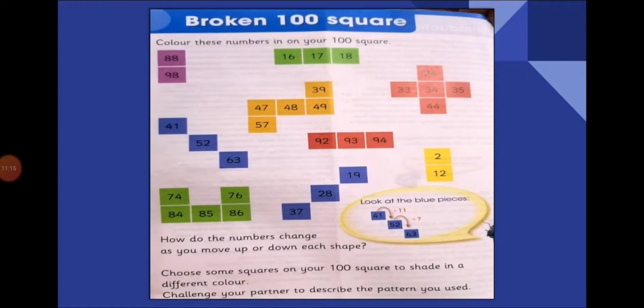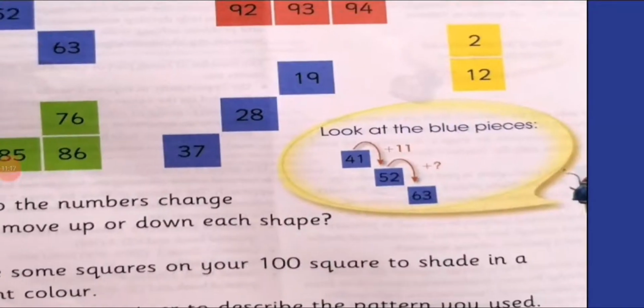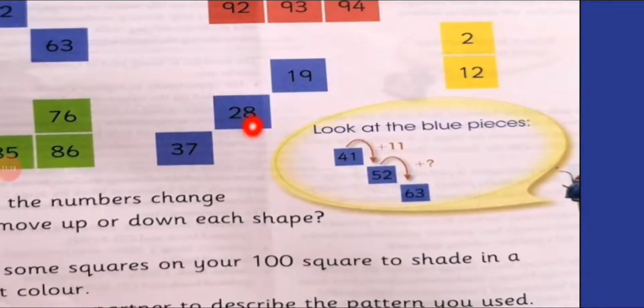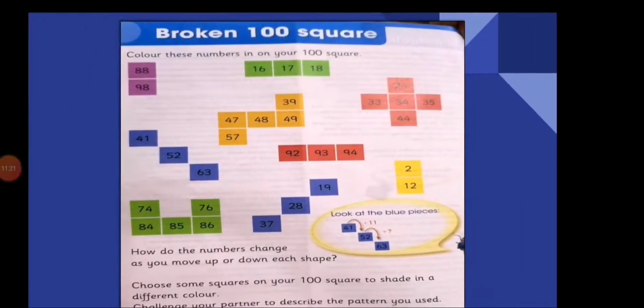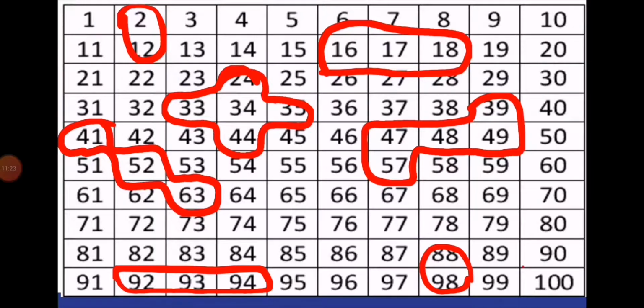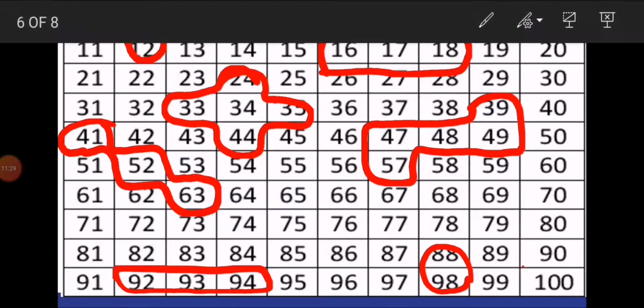Now the next pattern is 19, 28, 37. Now find this one on the 100 square grid. Look at the 1 tens line. Here is 19. So we start from 19, 28, 37.